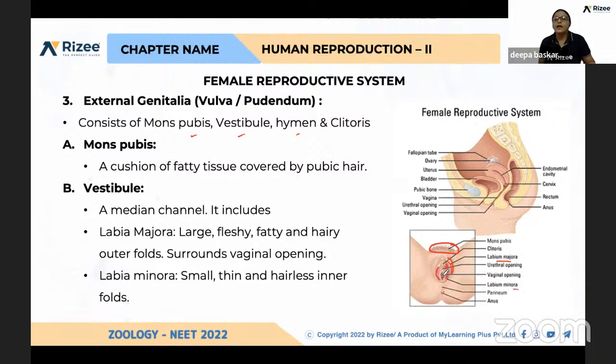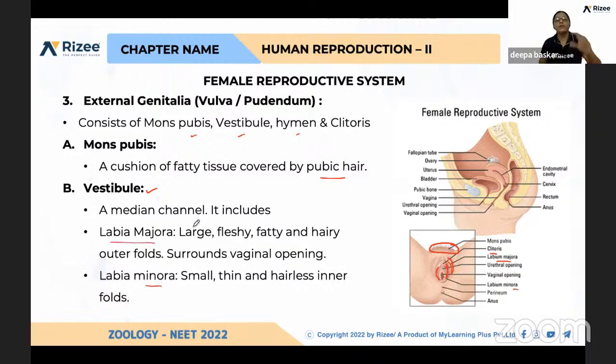And the clitoris is very much important. The clitoris is similar to the penis. Mons pubis is covered by pubic hair. The vestibule, a median channel, includes labia majora and labia minora.